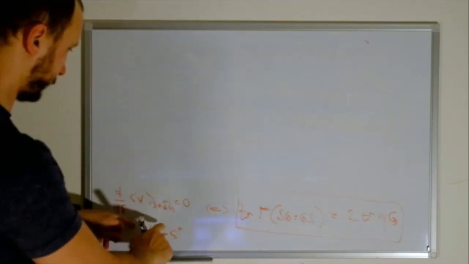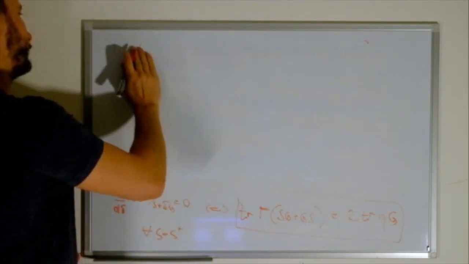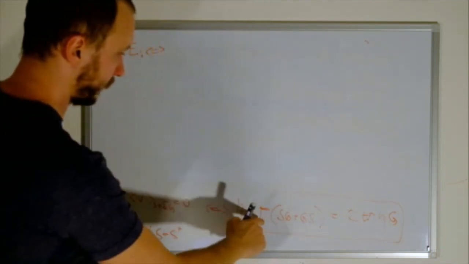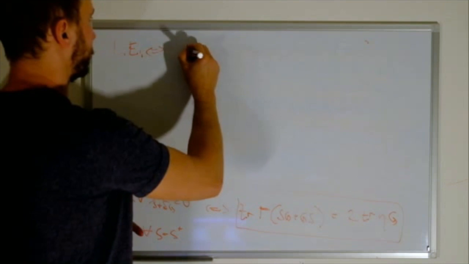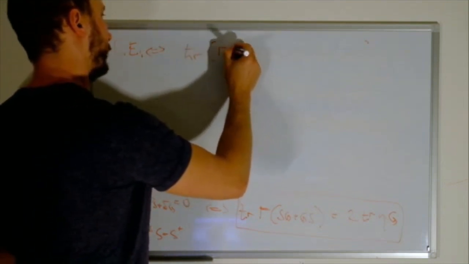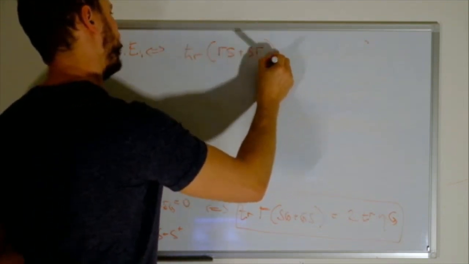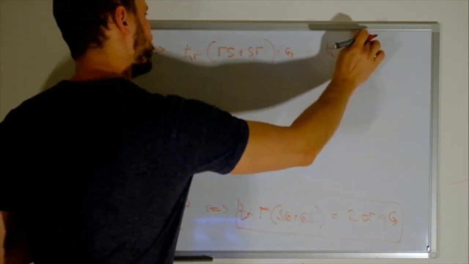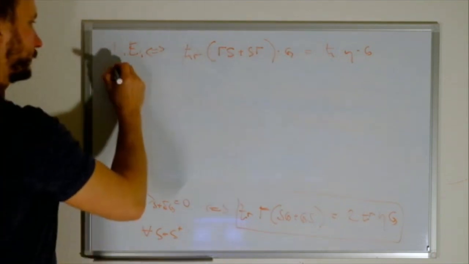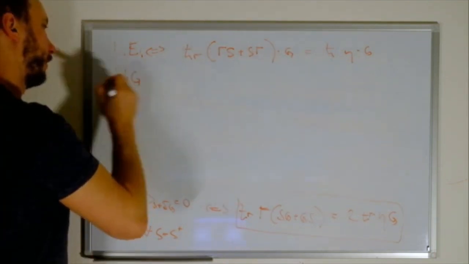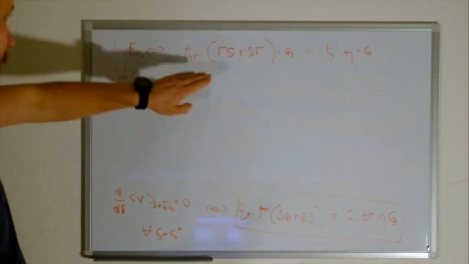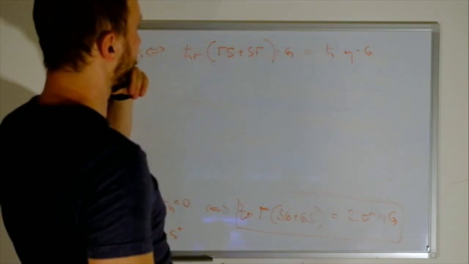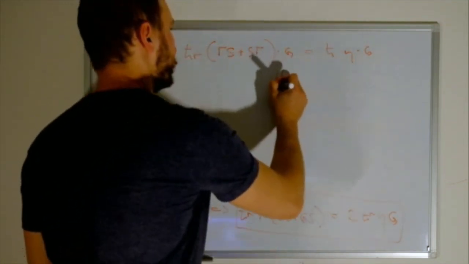So the local extremum condition is equivalent to having trace of gamma S plus S gamma times G is equal to trace of eta times G, right? Now remember, this has to hold for all Hermitian operators G, right? So the trace of an operator over any G should be equal to the trace of another operator over any G.